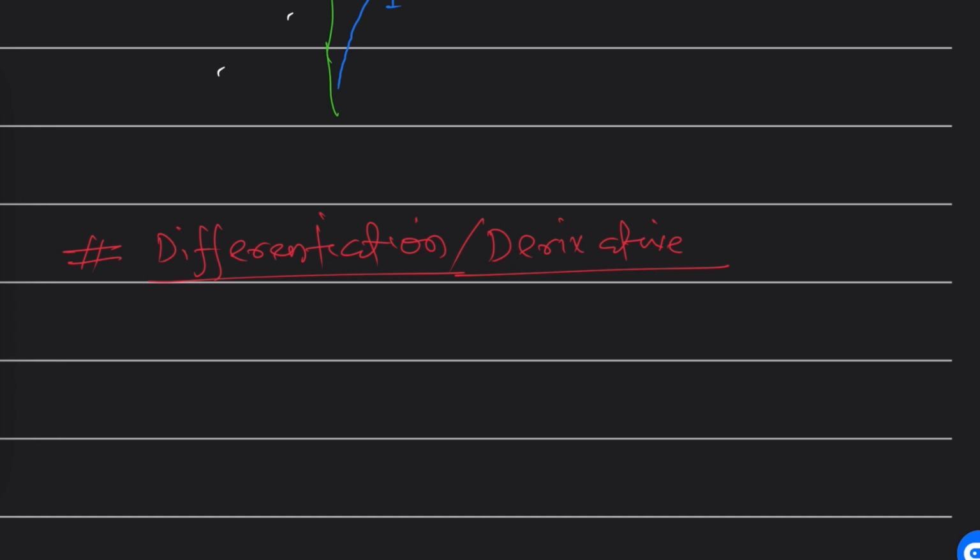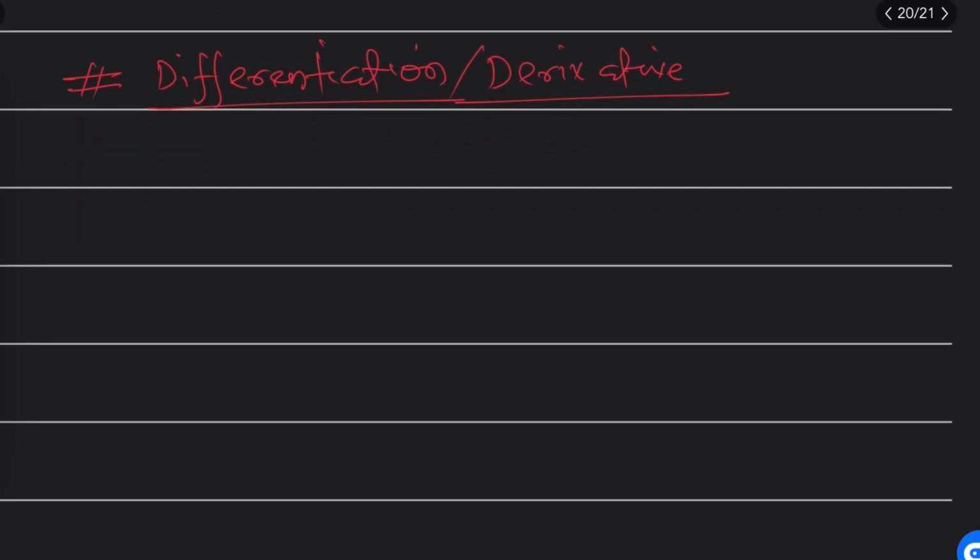Now let's start with this concept, differentiation. What is differentiation? If I ask you to divide your pen into the smallest piece, you will say atomic level, but you can't divide it to the atomic level.